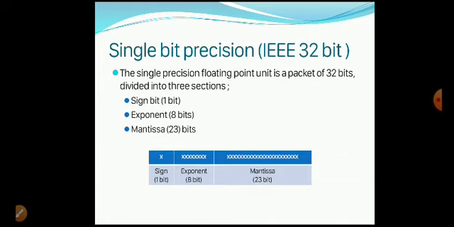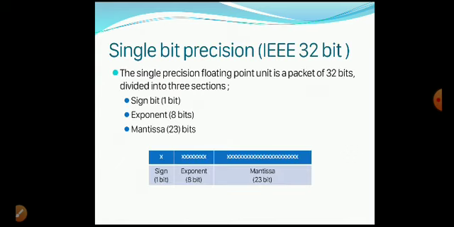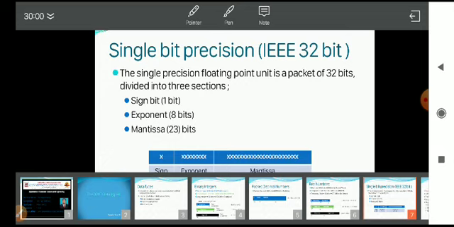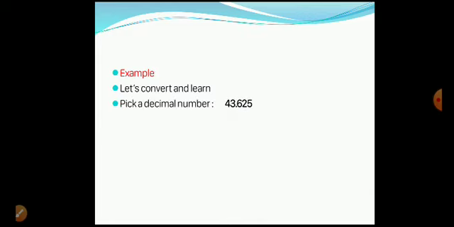Now we are going to understand how any packed number is converted into the 32 bit single precision format. Here is one example. This is the number 43.625.